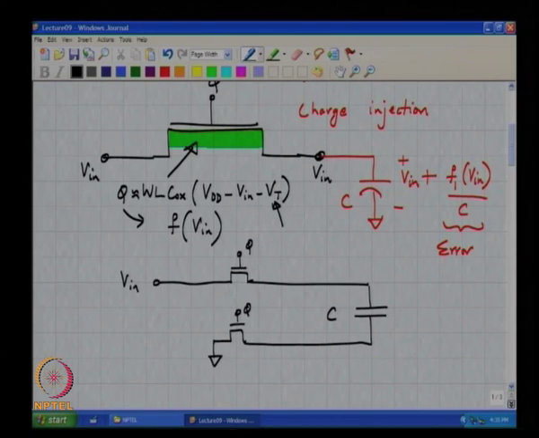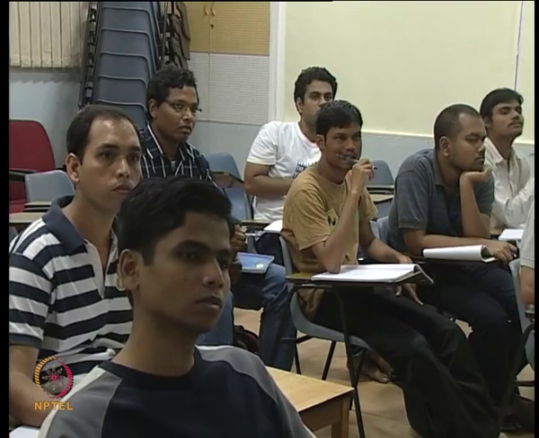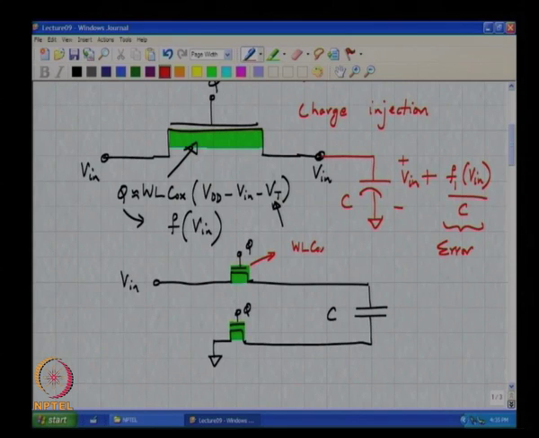Can you comment on the charge in this transistor and the charge in this transistor? Output depends on this input signal. This charge is WL times Cox times (VDD minus Vin minus Vt), and so on. So, this is basically some function of Vin, whereas what is the charge in this channel?